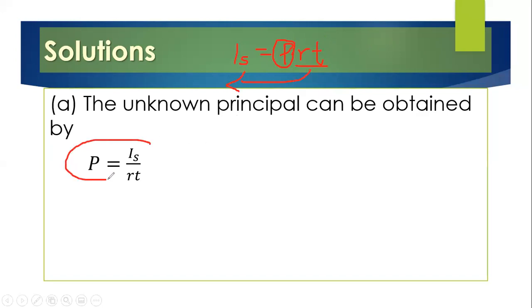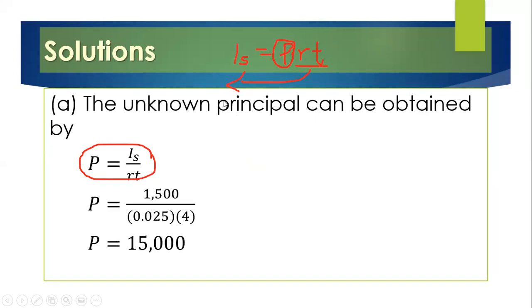So, we have this formula na divide, no? So, P is equal to I sub S over RT. So, substitute lang natin yung mga values. So, 1,500 yung interest based on the table over 0.025 times 4. So, given po itong mga value na to. Okay? So, and our answer for the principal amount is 15,000 pesos.